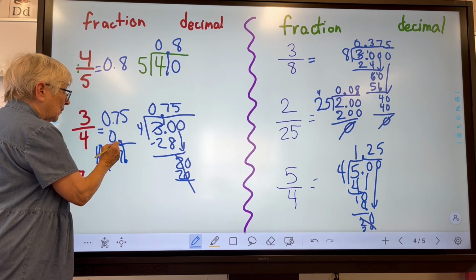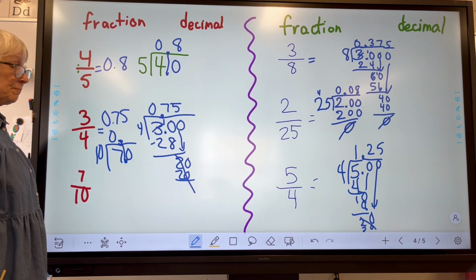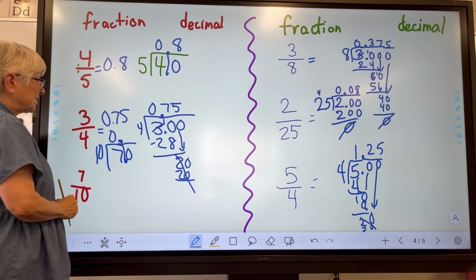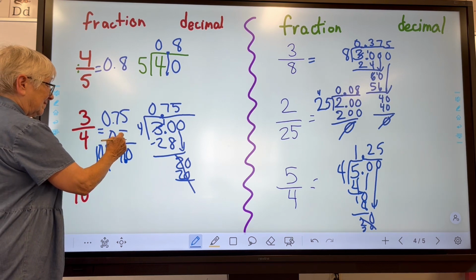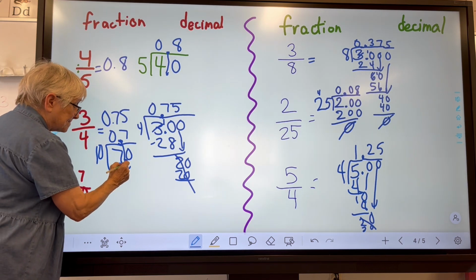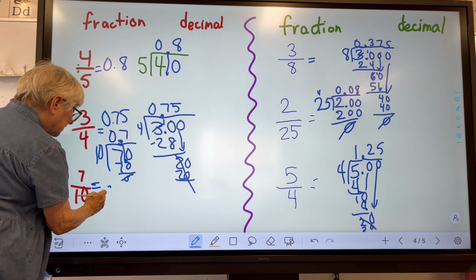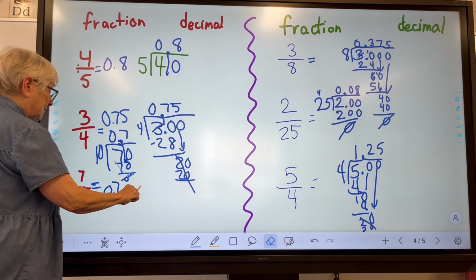Bring it up, goes right there, and add a 0. Does 10 go into 70? 7 times. And 7 times 10 is 70, and there's no remainder. So this is 0.7.